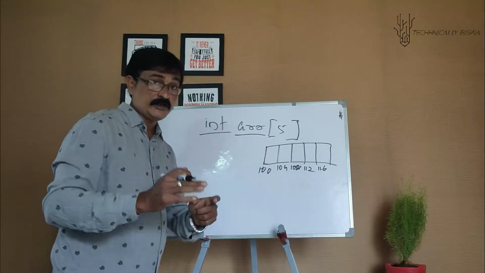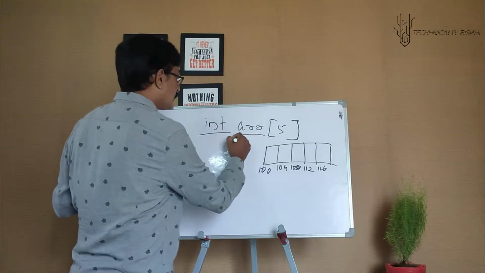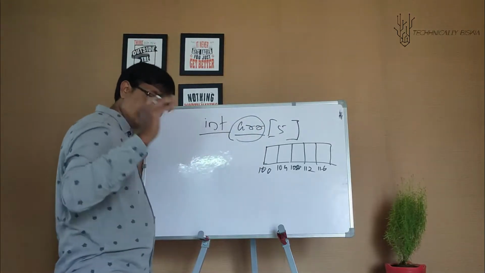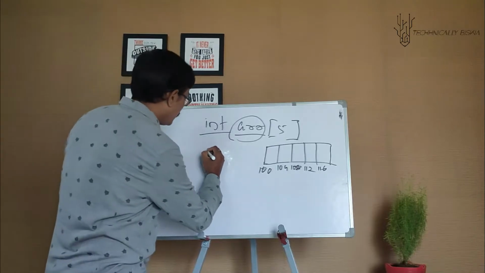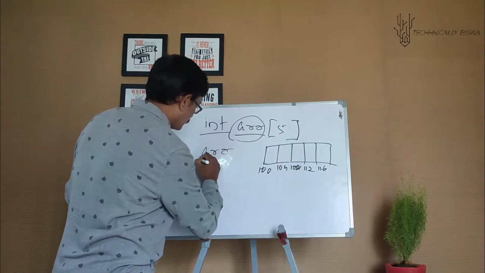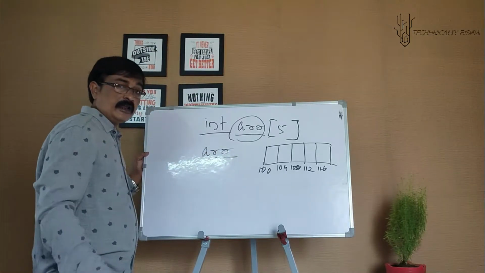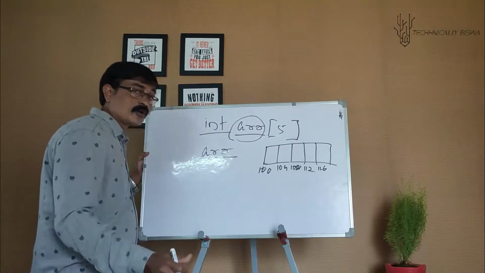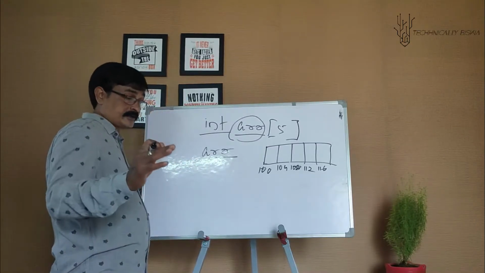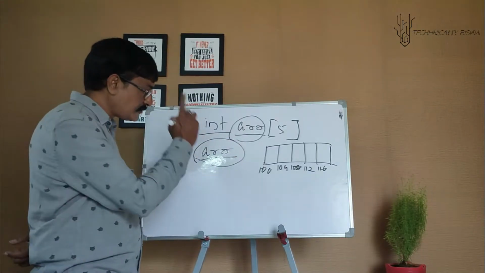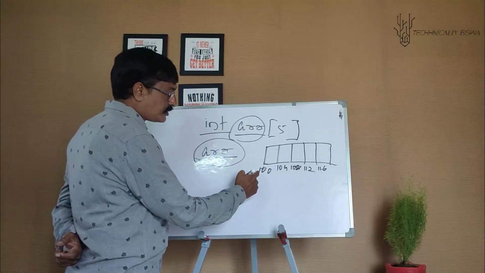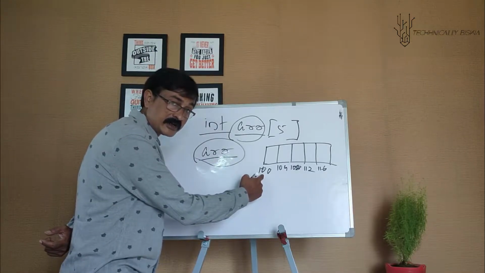Now, what is important here is to remember the array name. This is very important. Understand this. The array name ARR acts like a constant pointer. I repeat, the array name is a constant pointer which gives you the address of the first element in the array.